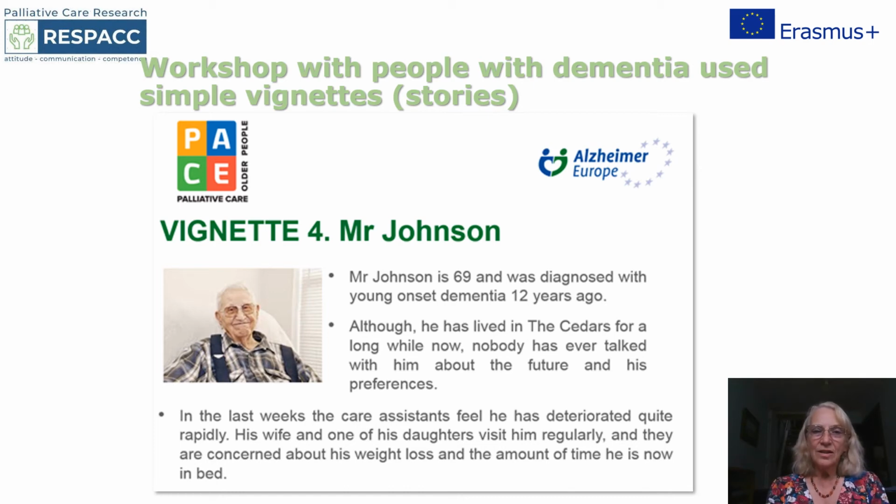In a study which was called PACE, which was Palliative Care for Older People, funded by the European Commission, we worked very closely with Alzheimer's Europe, which is an international organisation, to have workshops for people with dementia using very simple vignettes or stories, so that they could start to understand and think about what it might be like to approach the end of life and offer their opinions and views on their experiences. So that's just an example of how you need to adapt things to different groups.